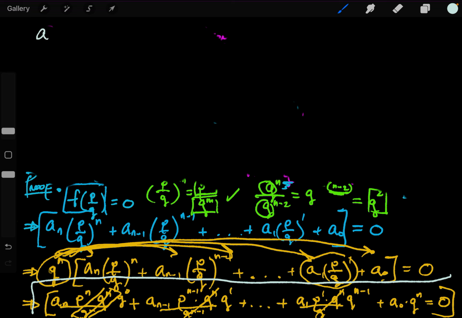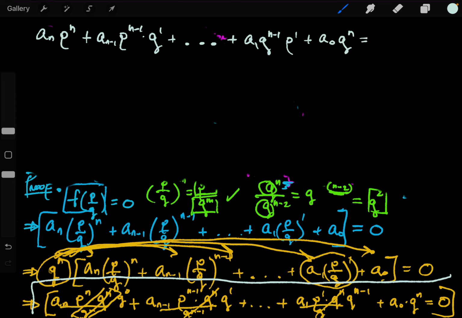So I'm going to have a sub n, p to the n, all left over when I distribute that q to the n, plus a sub n minus 1, p to the n minus 1 times q to the 1, plus dot, dot, dot, all the way down to a sub 1, q to the n minus 1, times p to the 1. I forgot the p to the 1, but the order doesn't matter. Plus a sub 0 times q to the n equals 0.